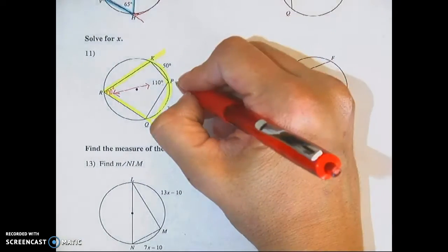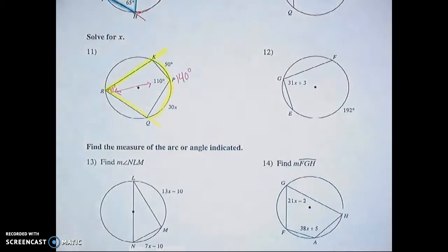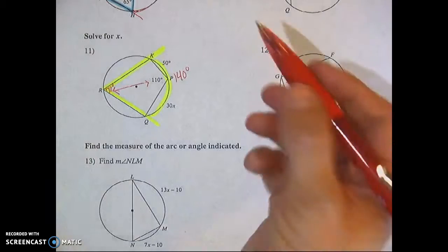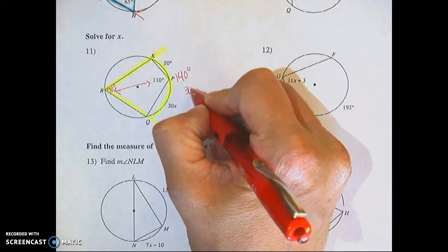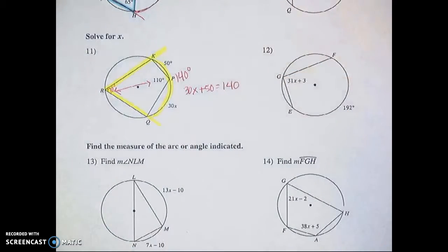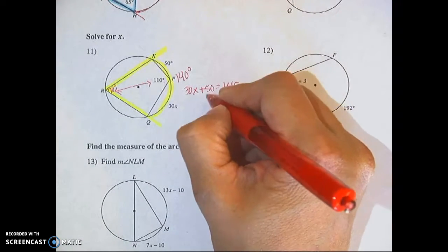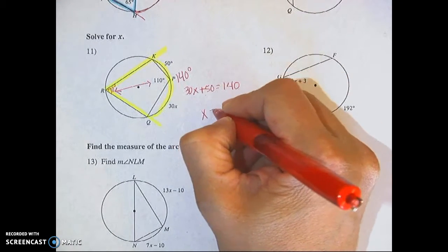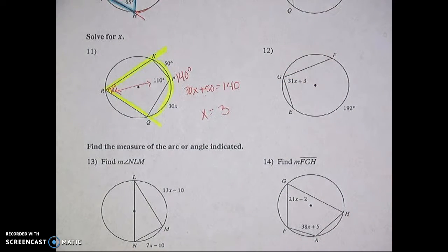If I multiply this by 2, that tells me that the yellow arc that I just highlighted is 140 degrees. Well, then I can set up an equation: 30x plus 50 equals 140, because those two added together would equal 140. Subtract 50, divide by 30, you get x equals 3.